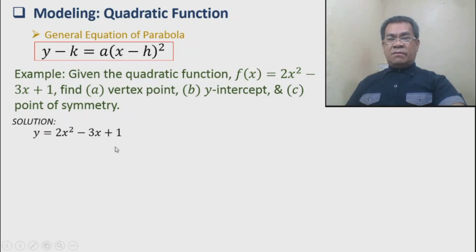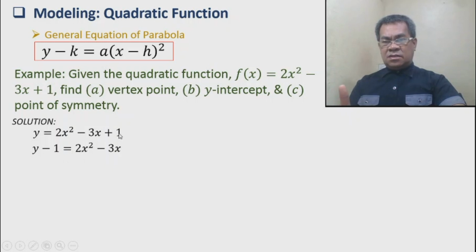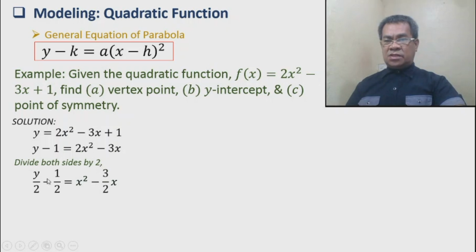So from the equation, we start here, then do it the same as we derived this formula. Okay, so transpose 1, then you have to complete. Divide both sides by what? By 2, so that this will become x squared. So divide both sides by 2, this becomes y over 2, 1 half, negative, and this is x squared. The reason we divide by 2 is so that we can create a perfect square trinomial.